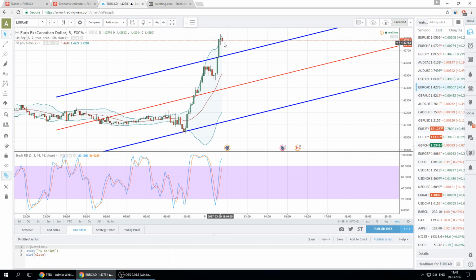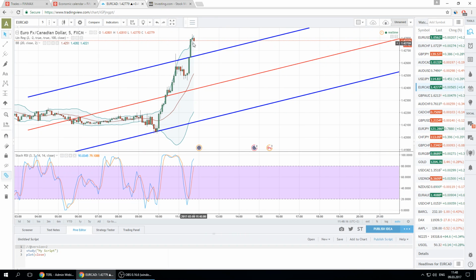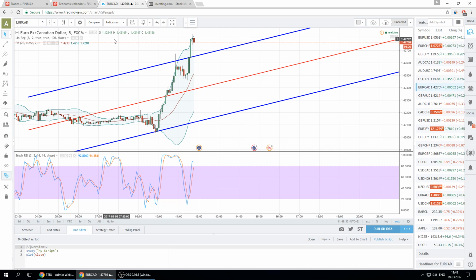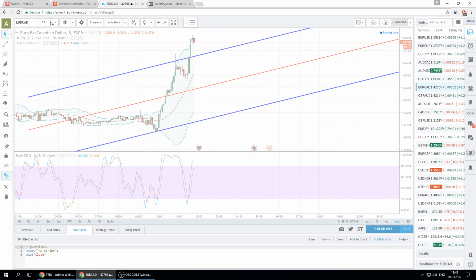If this candle is a red one, and the next one also appears red, there will be a point to open the next trade for low, for the same time frame. We can also switch to 15 minutes.